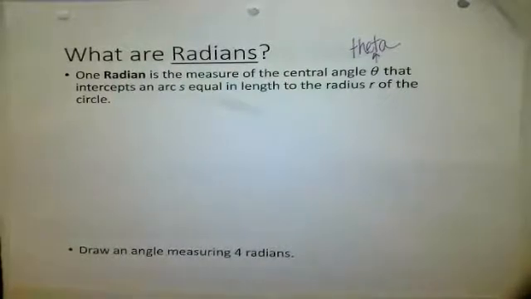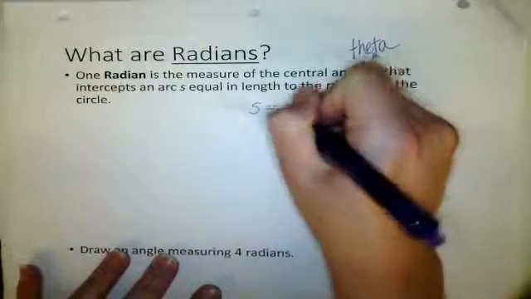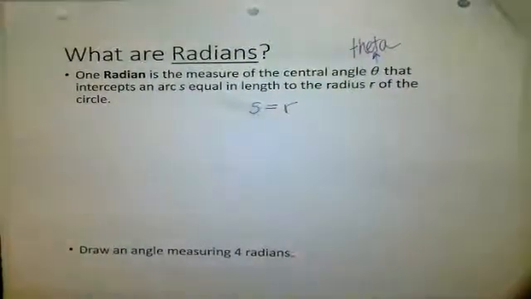I'm going to talk about that central angle and the intercepted arc in just a second. So the arc S is equal to the radius R.